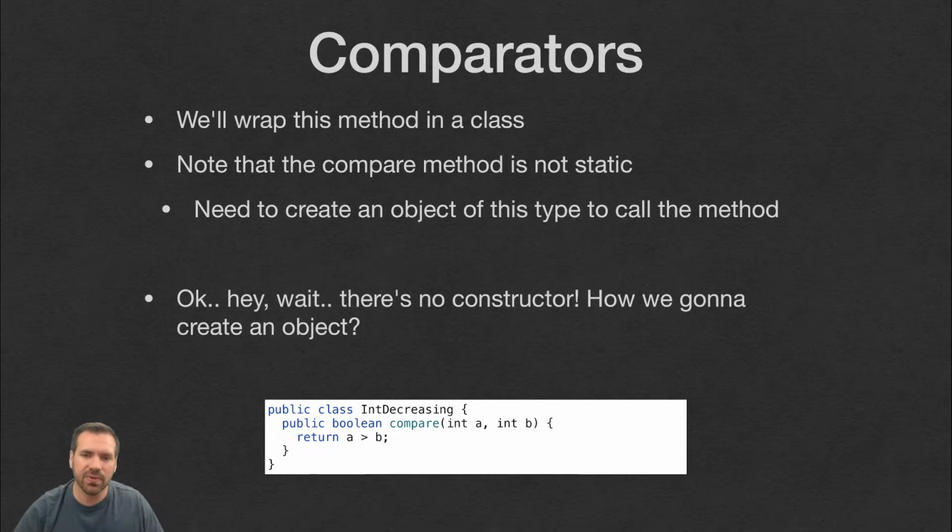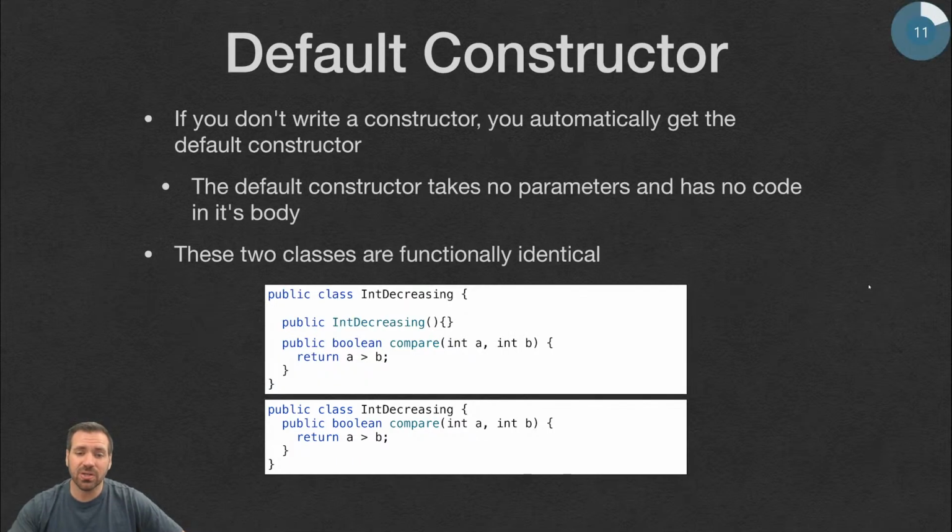And that's it. And here's where finally the default constructor comes up officially in the slides. There's no constructor for this, but we have a non-static method. So we need an object of this type to be able to call the compare method, because it's non-static. There's no constructor, so how are we going to do that? Well, never fear, we have the default constructor.